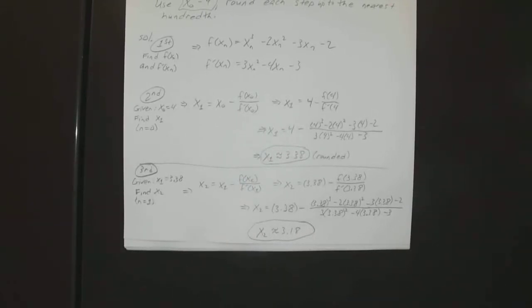All right, and that's where you'll stop. Now, if they ask you to go for x3, then you plug that in and you do that all over again. But for the most part, they usually just ask for the second iteration. Which doesn't seem fair. I remember my teacher making me go to the 6th.